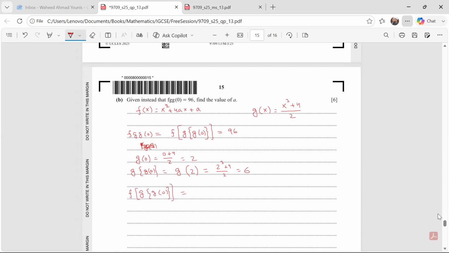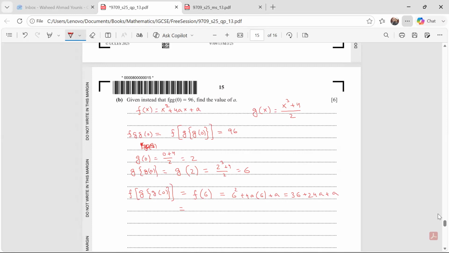Now what is f of g of g of 0? This is going to be f of 6. Makes sense? So what is f of 6? Now look at this function. It is going to be 6 squared plus 4a times 6 plus a. If I simplify, this is 36 plus 24a plus a.